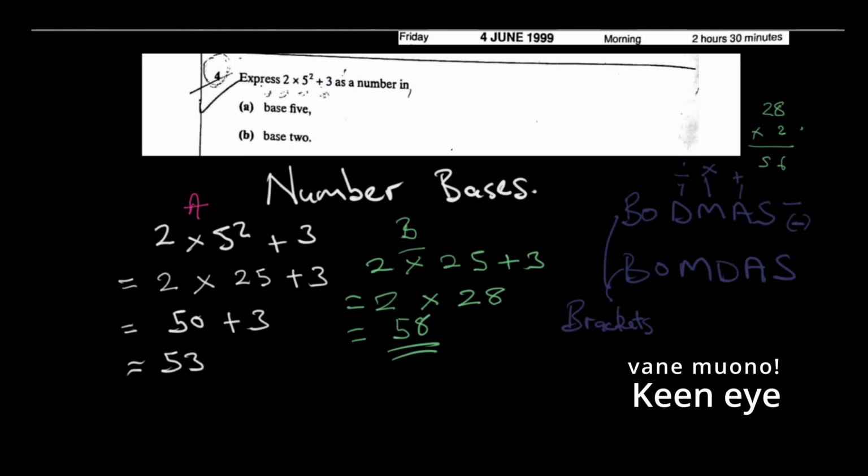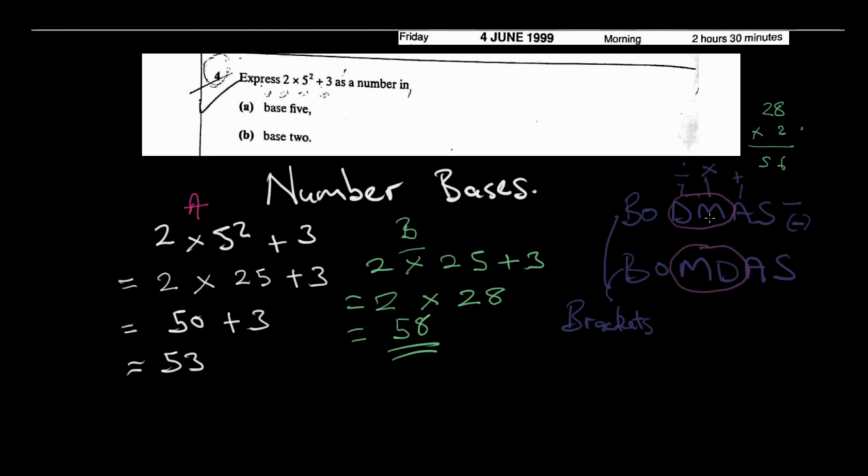To those with a keen eye, the difference between these two mnemonics is DM and MD. Both mnemonics are true, implying that MD and DM are interchangeable. You can first multiply and divide, or you can divide first, then multiply.